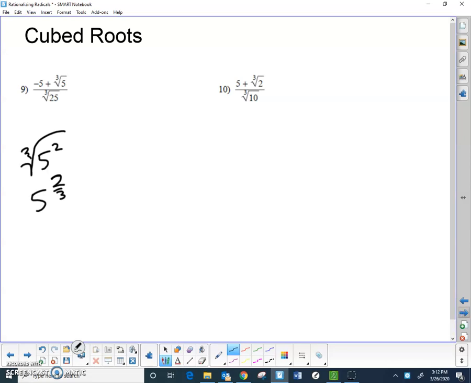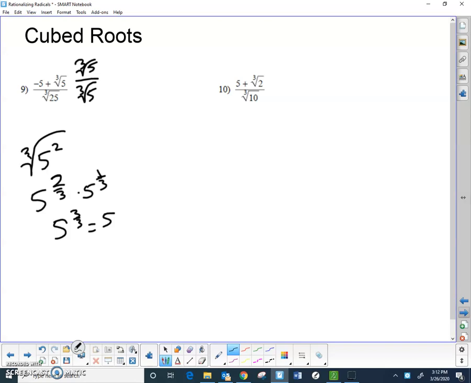So what I actually need is to multiply this by another third root of 5. So another 5 to the 1/3, because now I've got this times 5 to the 1/3, and by properties of exponents this just becomes 5 to the 3/3, which is 5. So 5 to the 1. All right, so that's what we need to do to this one, multiply it times the third root of 5 over the third root of 5.